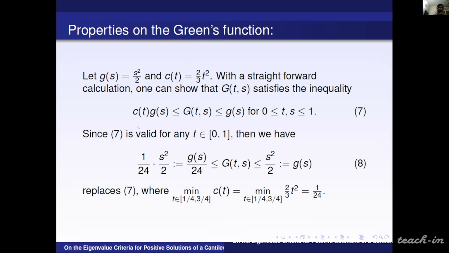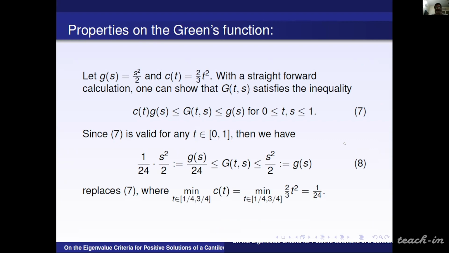And if I consider the interval 1/4 to 3/4, the minimum of c(t) in that interval is equal to 1 by 24. And in that case, the inequality 7 is valid for the interval 1/4 to 3/4 with this inequality.